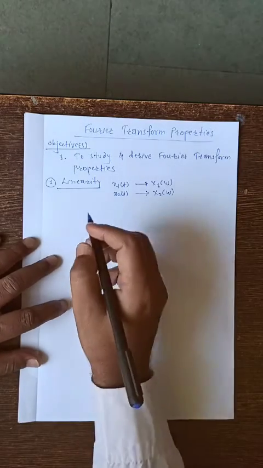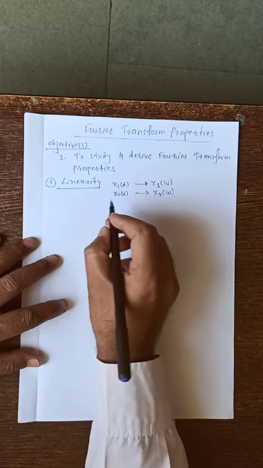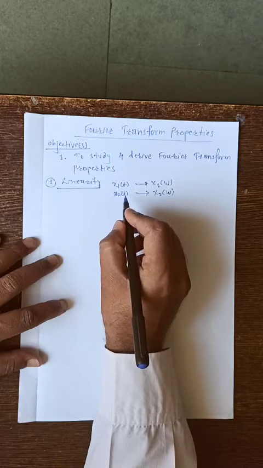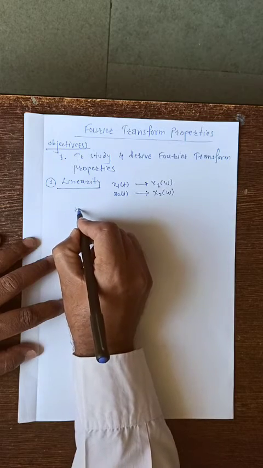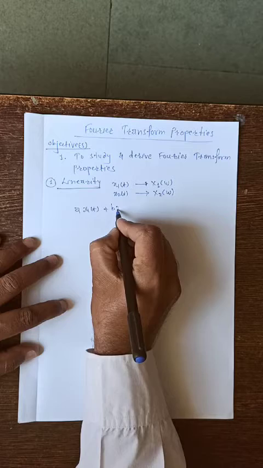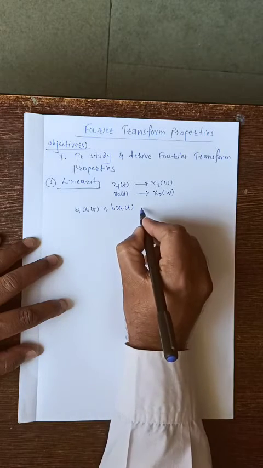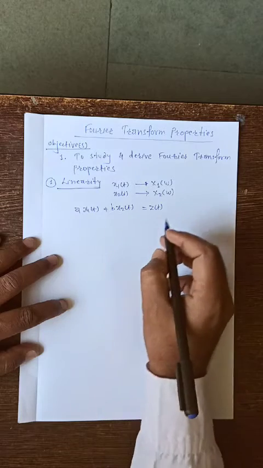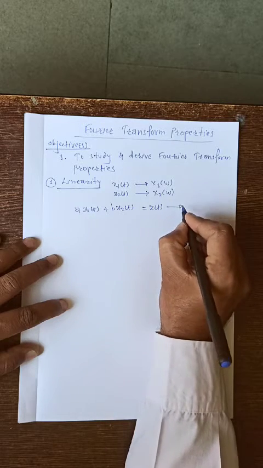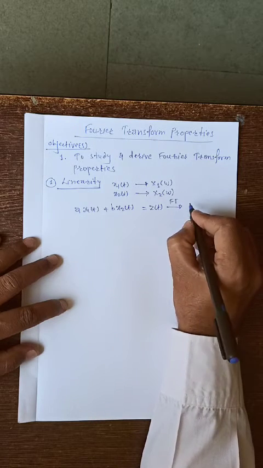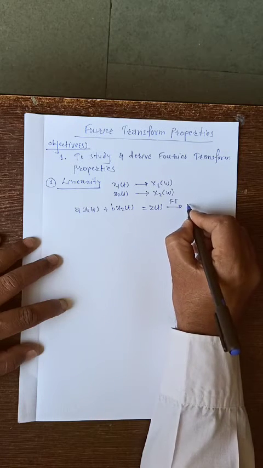This linearity property says that if you apply a linear combination of inputs like a x1(t) plus b x2(t), let it be equal to z(t), this is the linear combination. If you take the Fourier transform of this linear combination of inputs, then it exists like this.